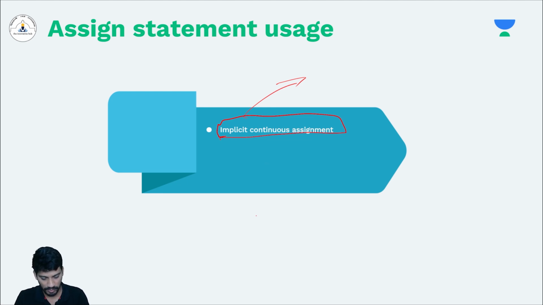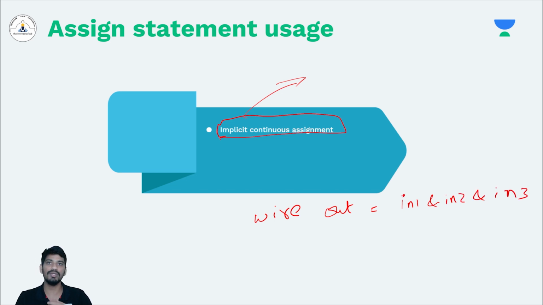The example of implicit continuous assignment is you can define wire out is equals to in 1 and in 2 and in 3. So what does this do is it will perform AND operation between in 1 and in 2 and in 3, and it will give the result in out.